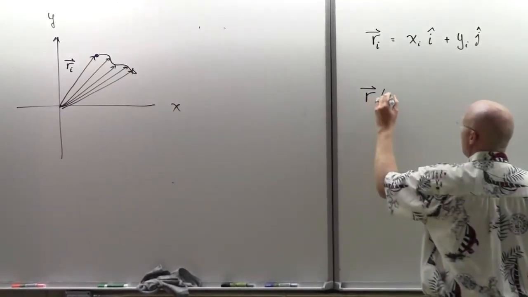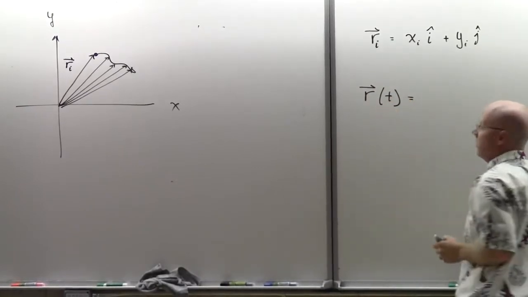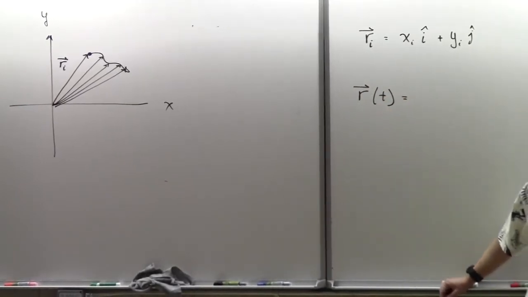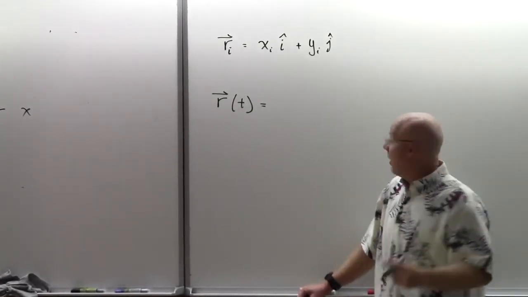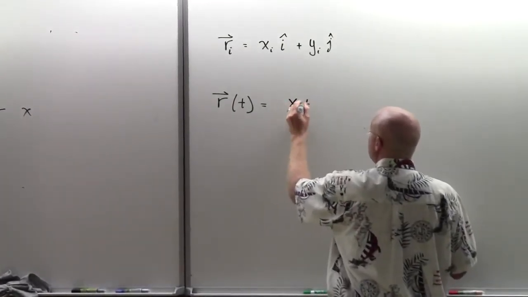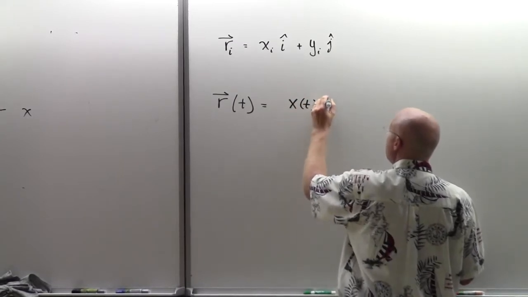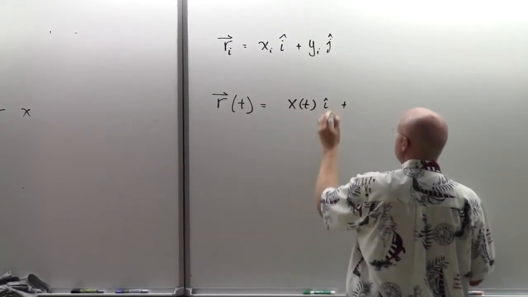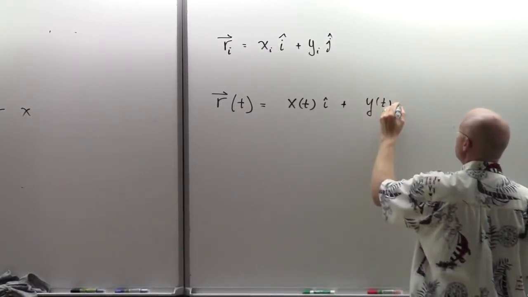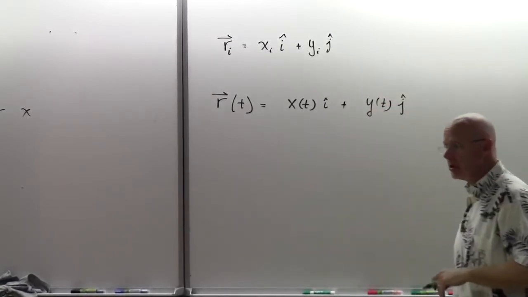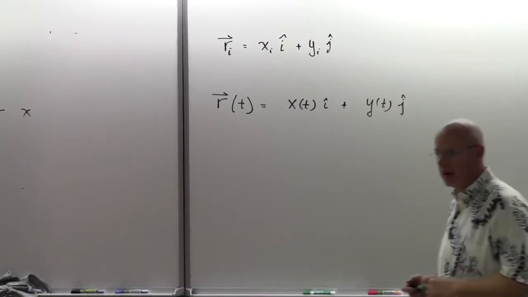If I did this, R is a function of time. Would that be an okay notation? I don't want you to think this is R multiplied by time. What I want you to get out of this is then this would mean that the horizontal position changes with time, and at the same moment, the vertical position changes with time.